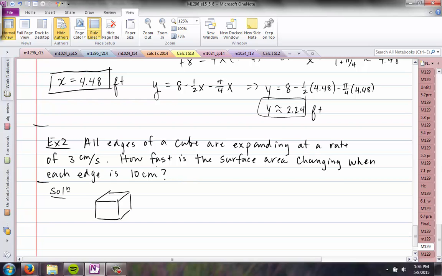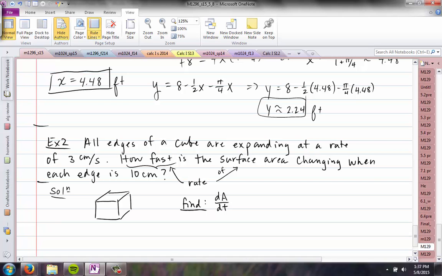How fast is the surface area changing when each edge is 10 centimeters? So notice what's being asked for is a rate, because you're asked how fast. And it's asking for the rate at which the surface area is changing. And so what I'm trying to find here is a derivative. So we can translate a rate being asked, or how fast is something, as a derivative with respect to time, and this derivative here is the surface area.